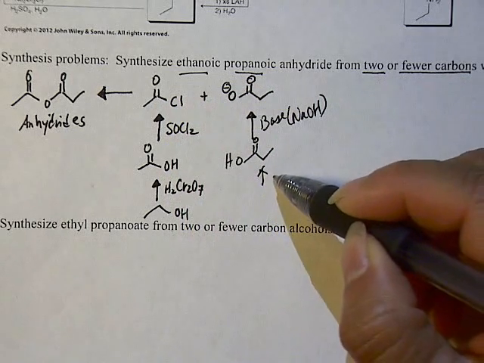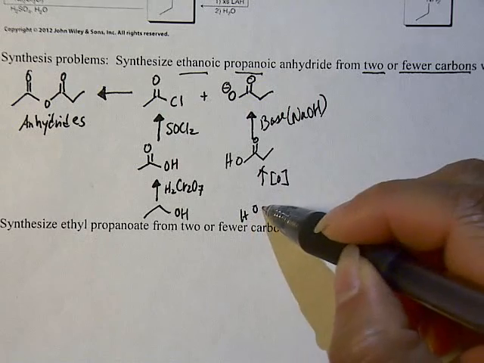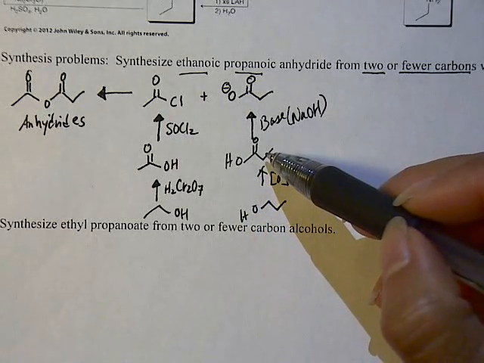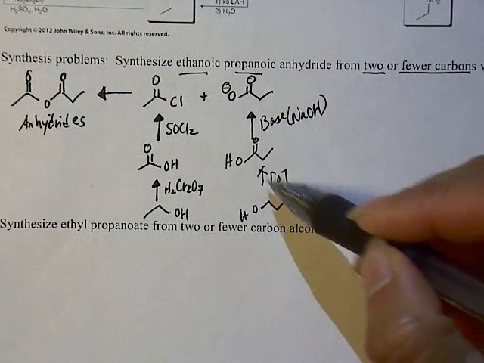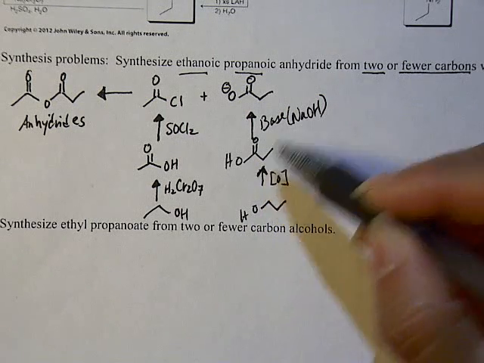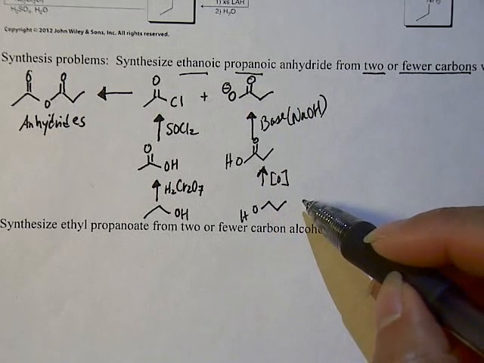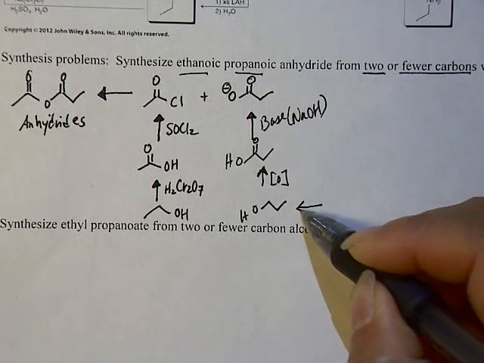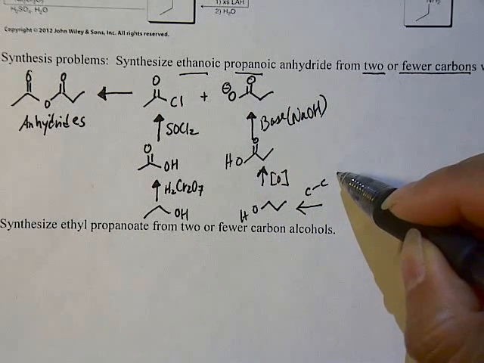So you have the oxidation with chromic acid to get to the acid. But your lab partner has a problem in which she has to keep working on it, because you can't get 3 carbons, because the limitation is 2 carbons. So this is where a carbon-carbon bond forming reaction will have to be used.